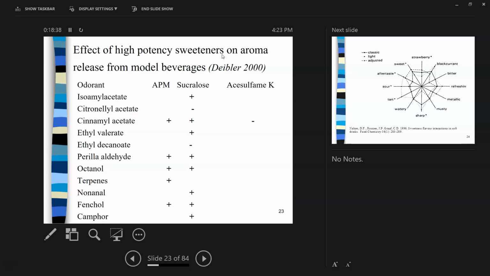And so there's this combination of results where sucralose seems to have a greater effect on these aroma chemicals and how they would be released and perceived. What troubles me so much is that aspartame is probably 100 parts per million, 150 parts per million. I can see no possible way that 100 parts per million of some non-reactive chemical is going to make something more volatile or less volatile.